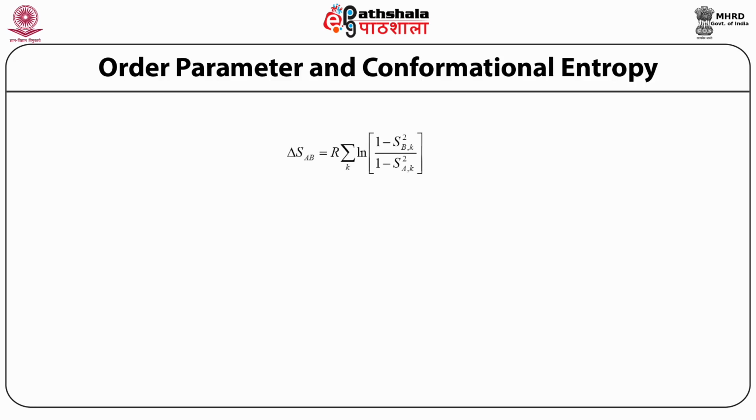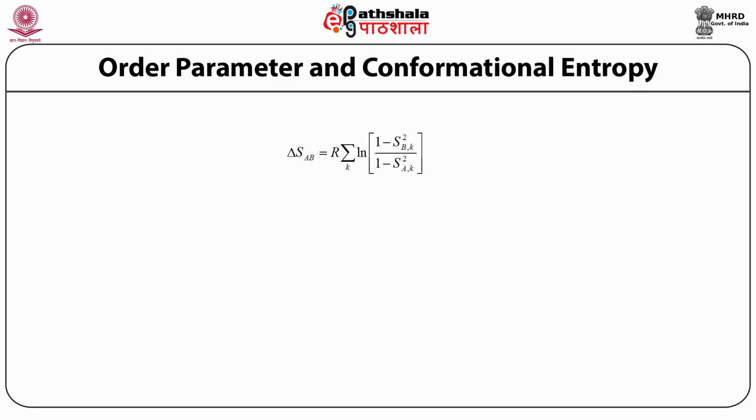So delta S, that is conformational entropy for AB, meaning you are going from A to B state, can be given by the equation R sigma K ln of 1 minus SBK square divided by 1 minus SAK square.